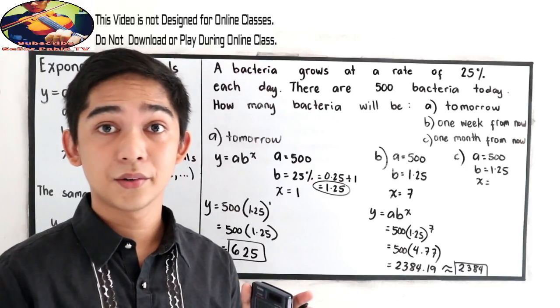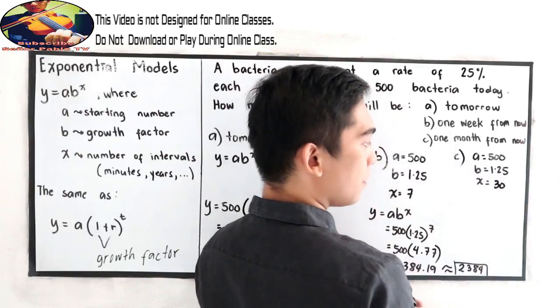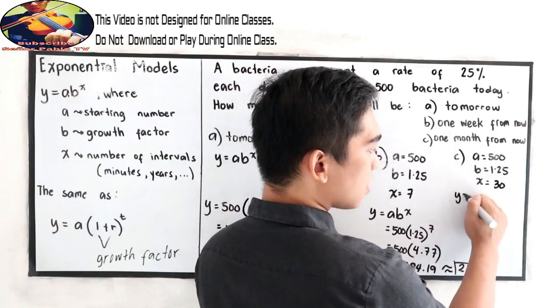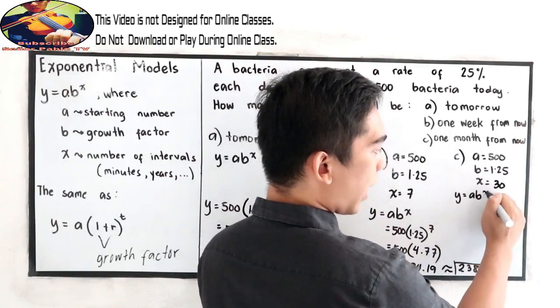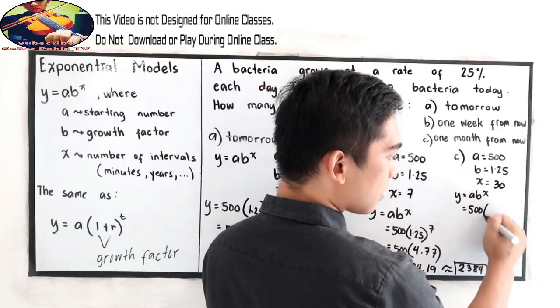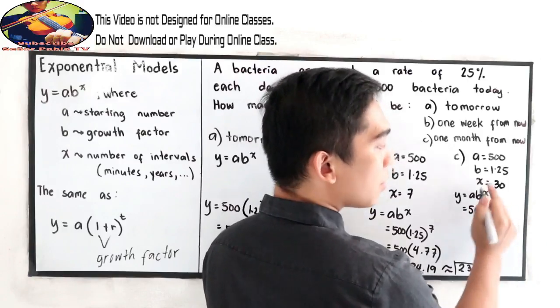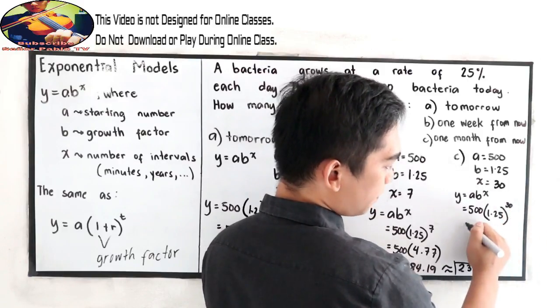There are 30, so our X is 30. So Y is equal to AB raised to X. Substitute: A is 500 times B is 1.25 raised to 30.